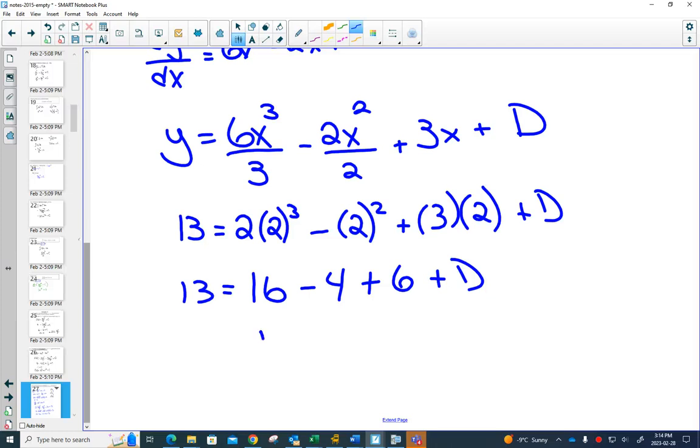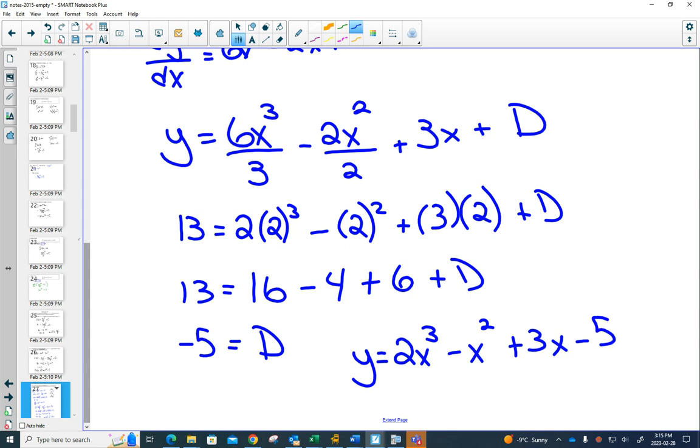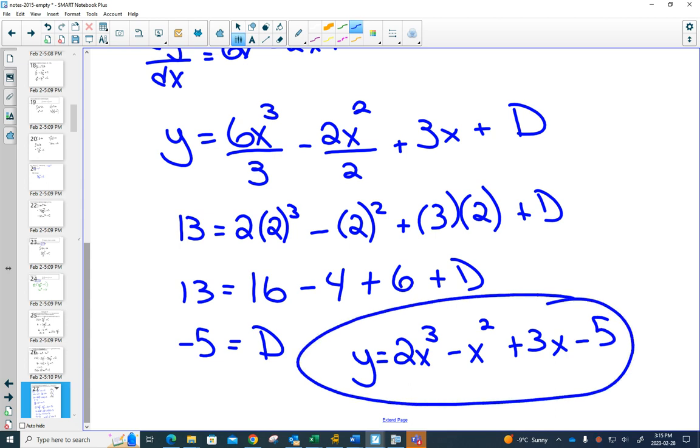Oh, good. Minus 5. And we can now write the actual final equation will be y equals 2x cubed minus x squared plus 3x minus 5. And we got a final equation.